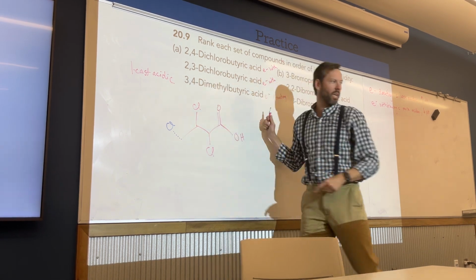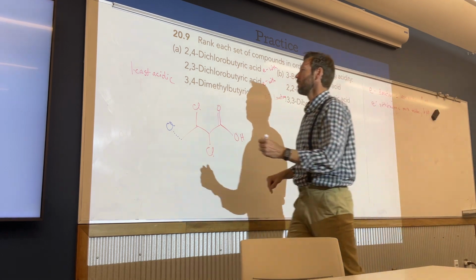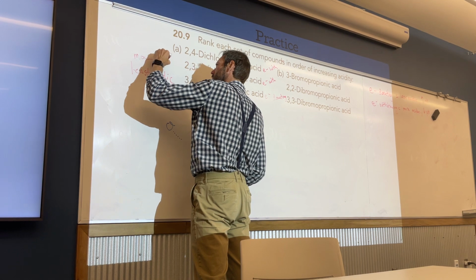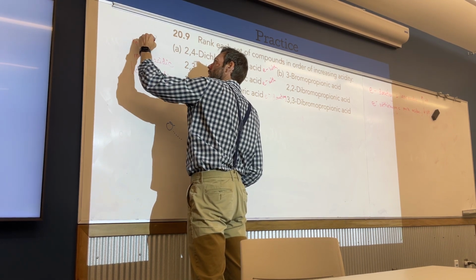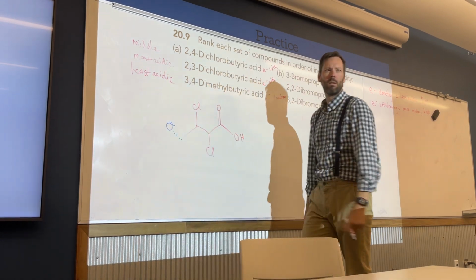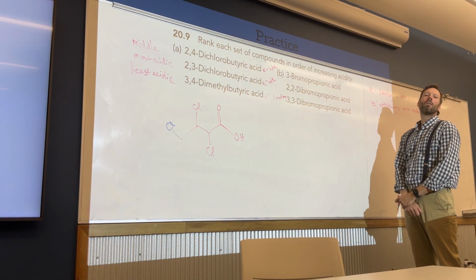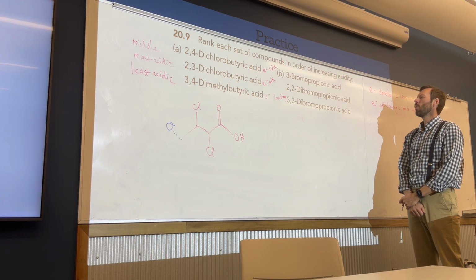So the 2,3 is going to be the most acidic. And the 2,4 is going to be in the middle. Make sense?